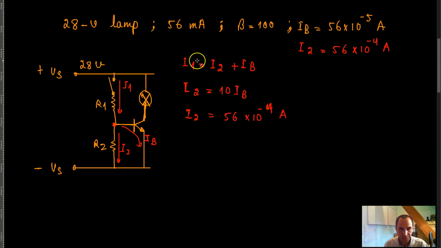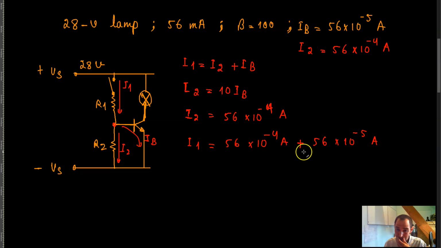And I_1 based on this would be equal to I_2 plus I_B, which is equal to 56 times 10 raised to the power negative 4 amps plus I_B, which is 56 times 10 raised to the power negative 5 amps.